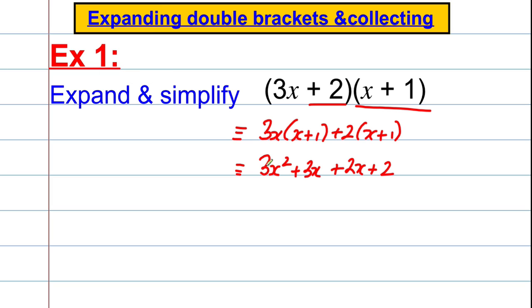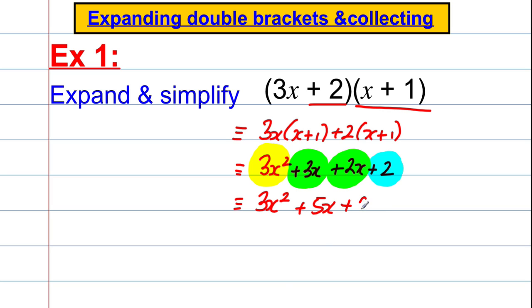You'd get your highlighter out, highlight the x squareds, there's 3x squareds, highlight the x's, there's positive 3x and positive 2x, and highlight the number, there's positive 2. Then we collect like terms and we say that therefore is 3x squared add 5x add 2. Okay, so that's the method that's great for the exam, so use this method.